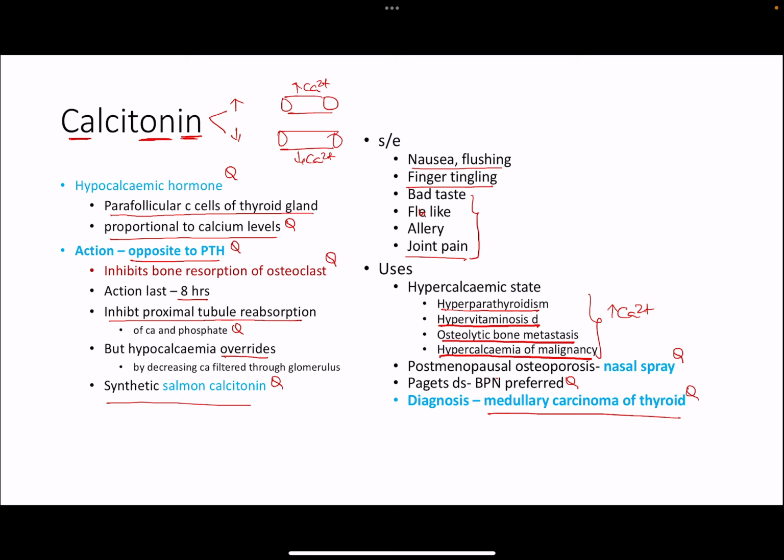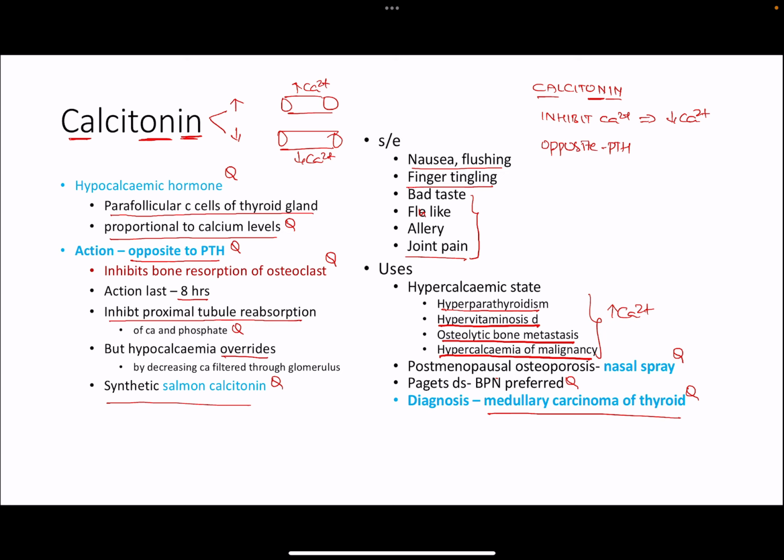So basically, what is calcitonin? Calcitonin is going to inhibit the calcium levels. Basically its action is to reduce the calcium levels in the body. It produces an on-off effect, causing a response opposite to that of PTH. Basically it inhibits the osteoclastic activity.